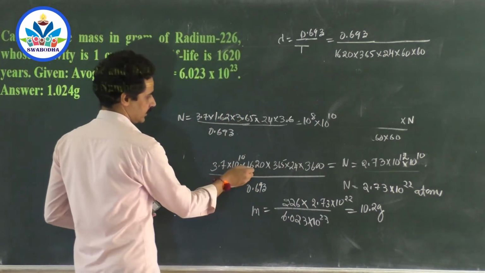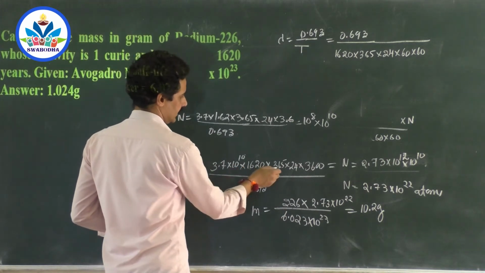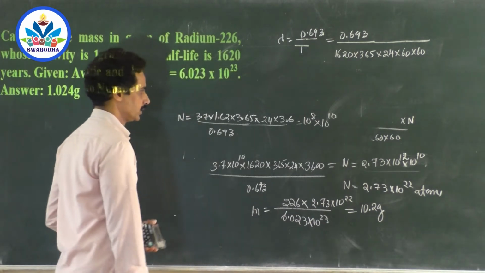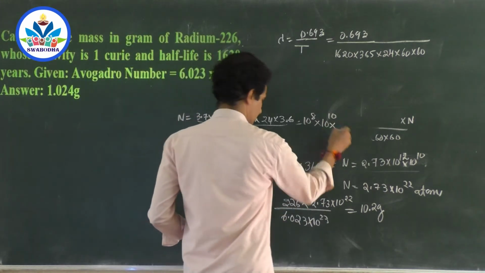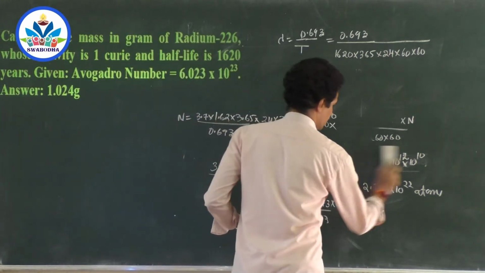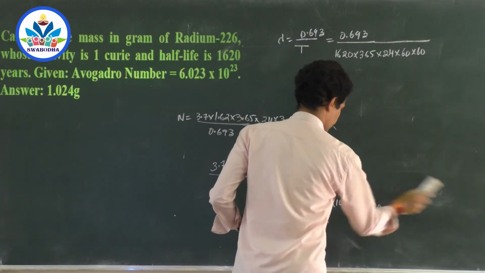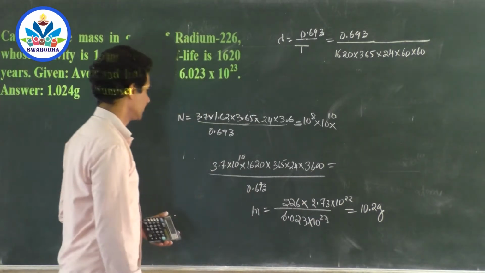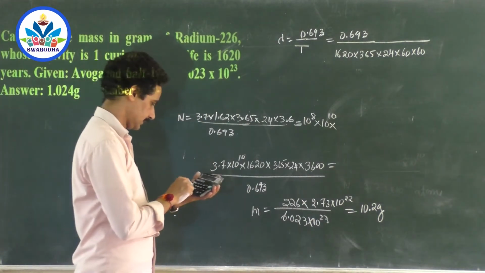What I'll get is 10 to the power 8 into 10 to the power 10.